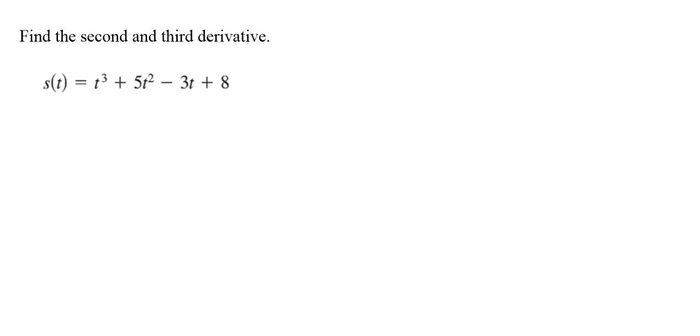S of t is actually called the position function. Most of the time, s of t will be the position of an object. You might say f of x equals the position of an object, but a lot of times we use t. Why? Because time is involved.